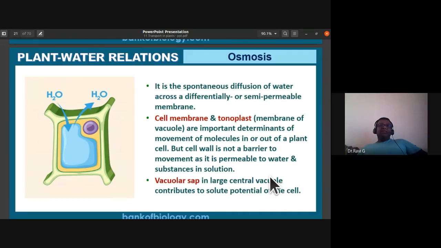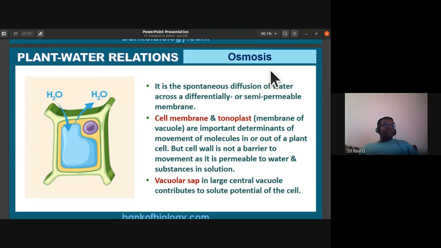Then we discussed the concept of osmosis. Osmosis is the spontaneous diffusion of water across a differentially or semi-permeable membrane. Differentially permeable is nothing but semi-permeable, another word for it. Osmosis is also a passive process.